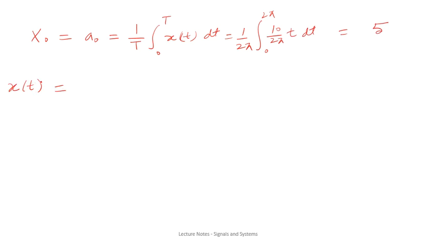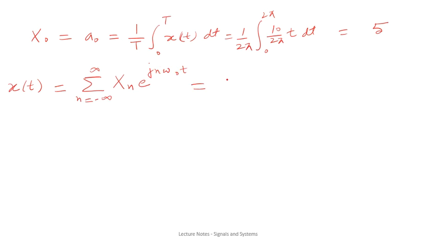Okay, now you have with you the exponential Fourier series coefficient, that is xn. Now the next step is to just put the value of that coefficient in the expression for the exponential Fourier series, and it is summation n equals minus infinity to infinity xn e raised to the power j n omega naught t.